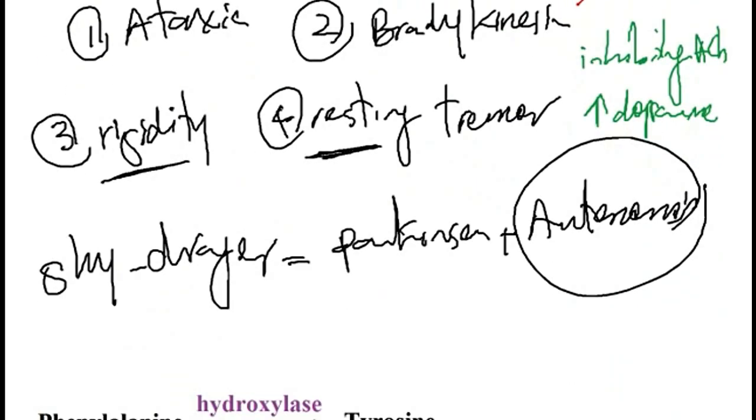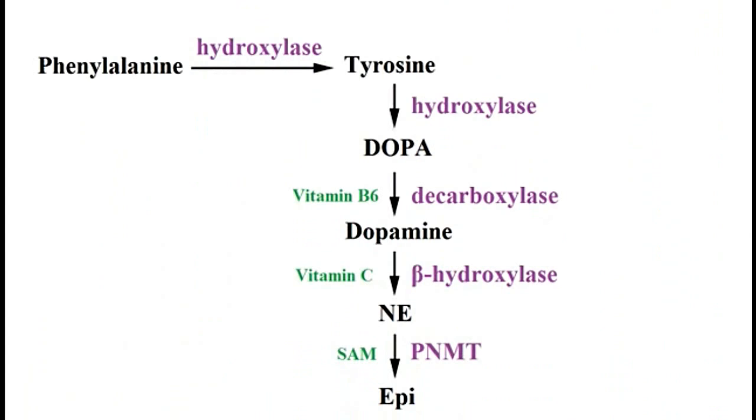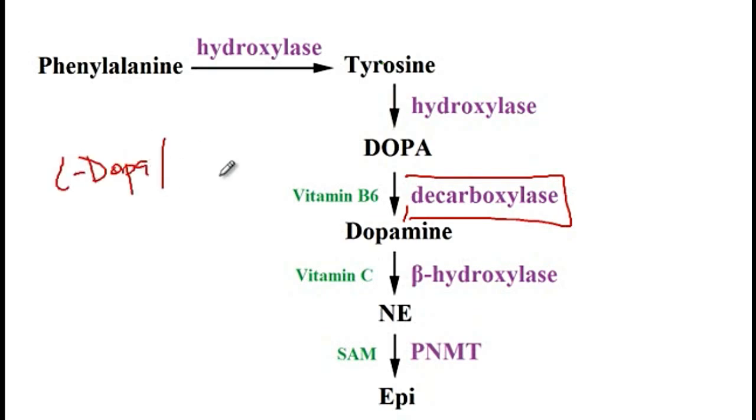Now here is the pathway of catecholamine synthesis. Phenylalanine converts to tyrosine, which converts to DOPA, and then DOPA converts to dopamine by the decarboxylase enzyme, and then dopamine converts to norepinephrine, and later on norepinephrine converts to epinephrine. Now the best medication used for the treatment of Parkinson's is a combination of L-DOPA and Carbidopa.